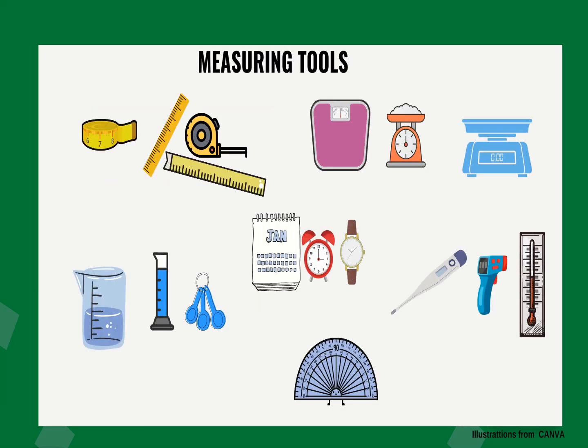These are some commonly used measuring tools: a tape measure, a ruler, meter stick, and steel tape measure are used to measure length. For mass, we use a weighing scale.